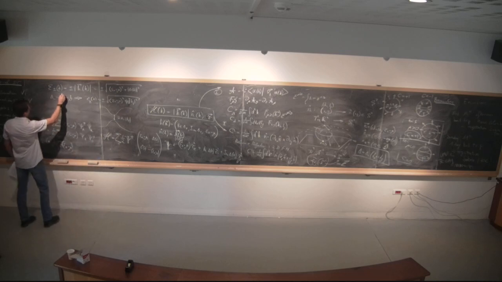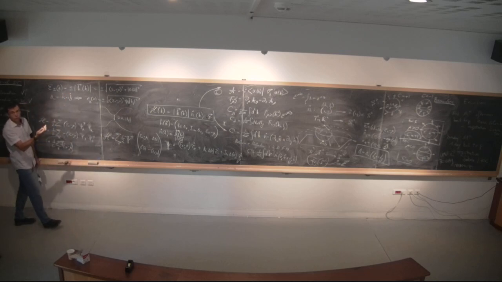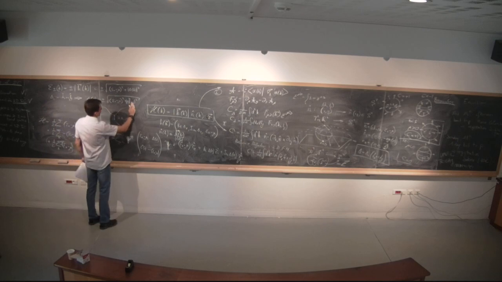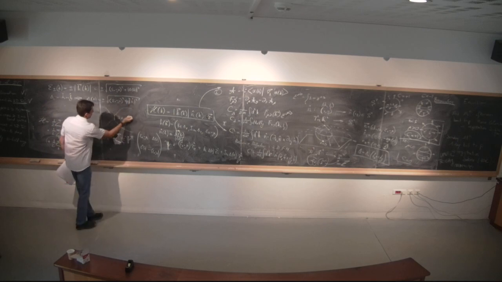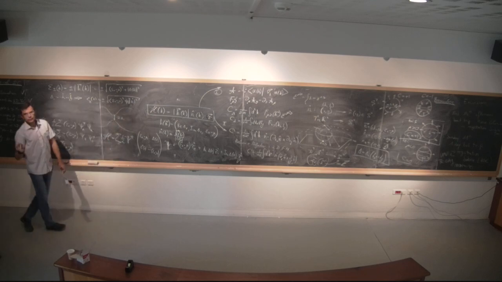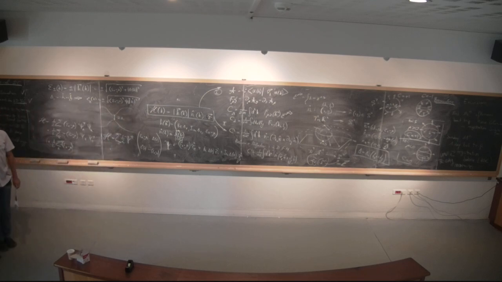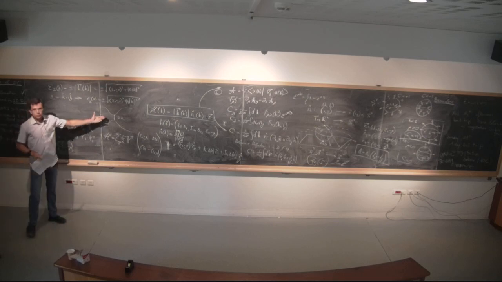Conventionally, people put hats over here, so these are unit vectors. So then you don't have to worry about this, because that's just a modulus of a unit vector, which is 1, and then this is a neater way of writing it where you don't have weird prefactors. Yeah? So the system is indeed gapped.